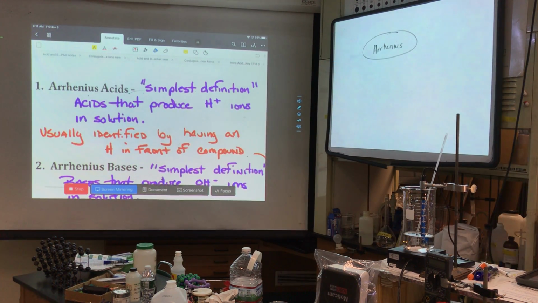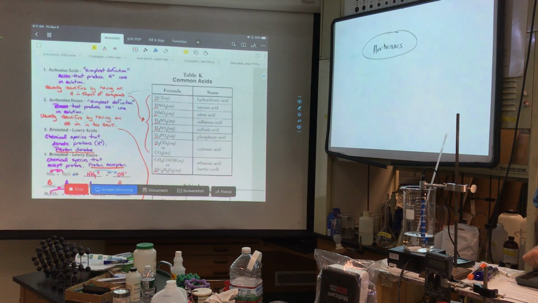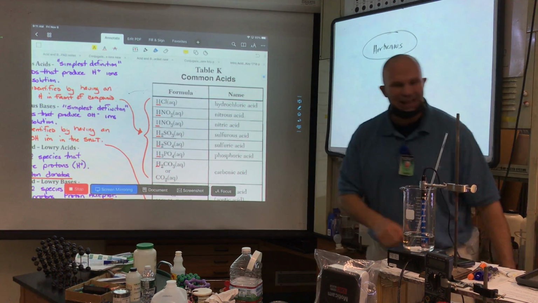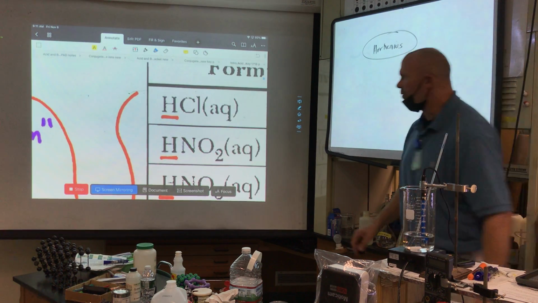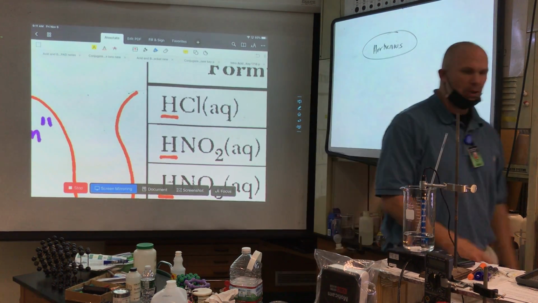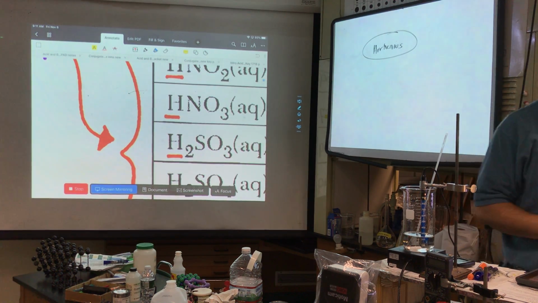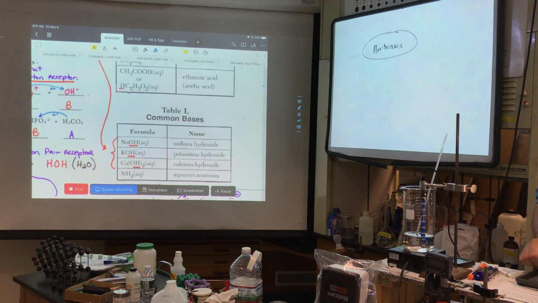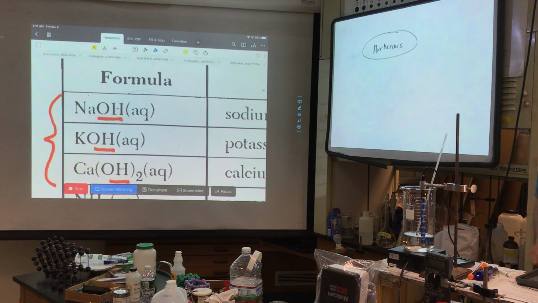And of course, if you look at the common acids that they give you in the reference table, the H in front screams to you that you've got a compound that gives off H's. Those are Arrhenius acids. They also give you common bases. If you notice, what's a base?